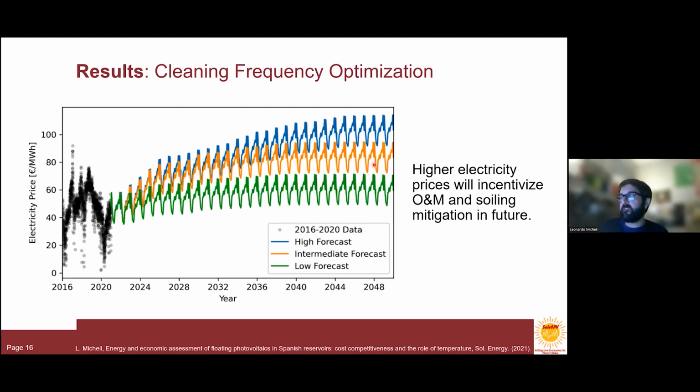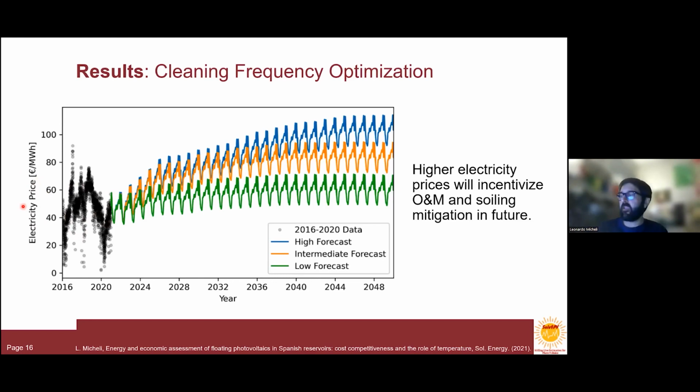Here you see 3 different forecasts. And as you can see, by 2050, electricity prices will cost, at least again for Europe, between 60 to 100 euros per megawatt hour, compared to the previous decade in which prices were between 40 to 60 euros per megawatt hour.